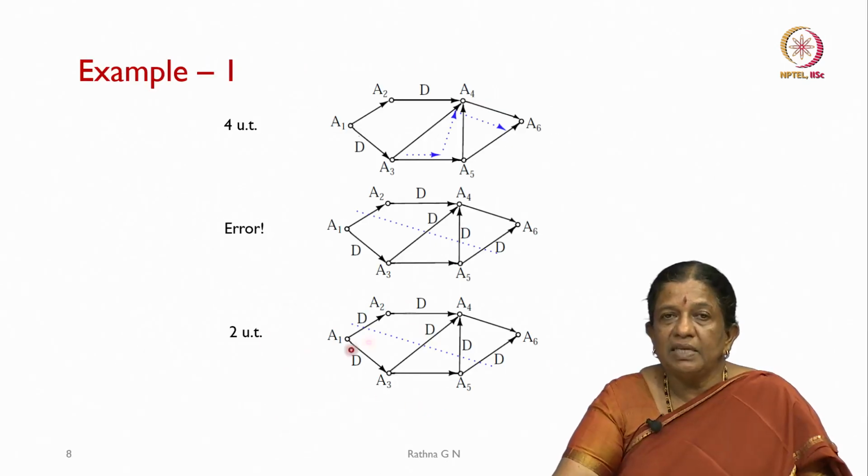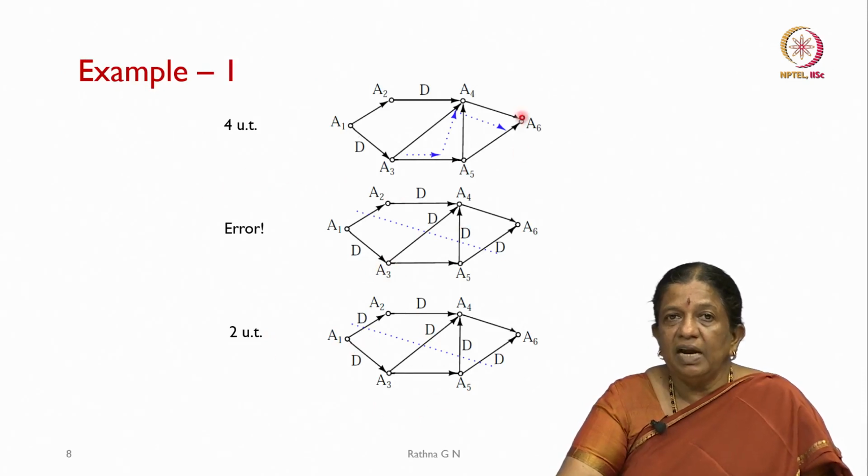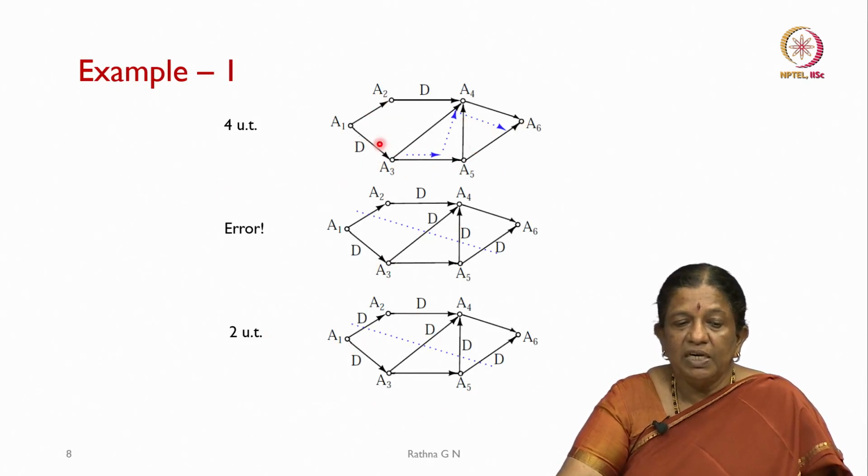As an example, we will take this data flow graph. Data is moving from A1, A2, A4 and then A6 is the last node, or it can flow in this direction. We say that D means there is a delay in this data path.